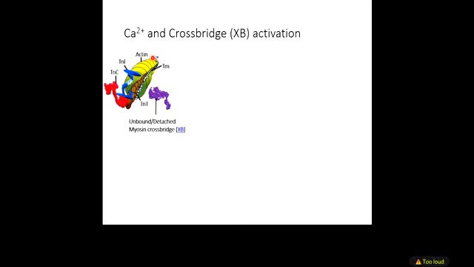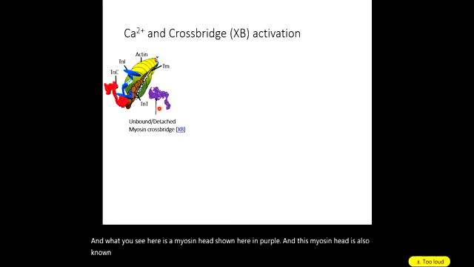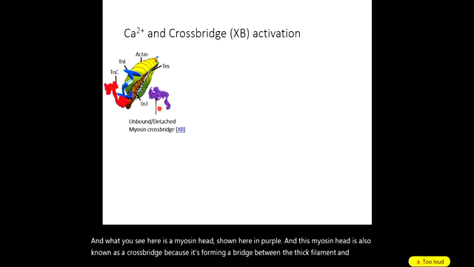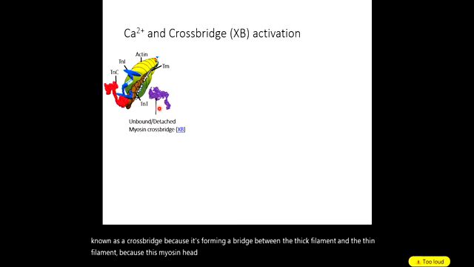And what you see here is a myosin head shown here in purple, and this myosin head is also known as a cross bridge because it's forming a bridge between the thick filament and the thin filament, because this myosin head can bind to actin. And we see that in this current state, this tropomyosin is blocking myosin from interacting with actin.